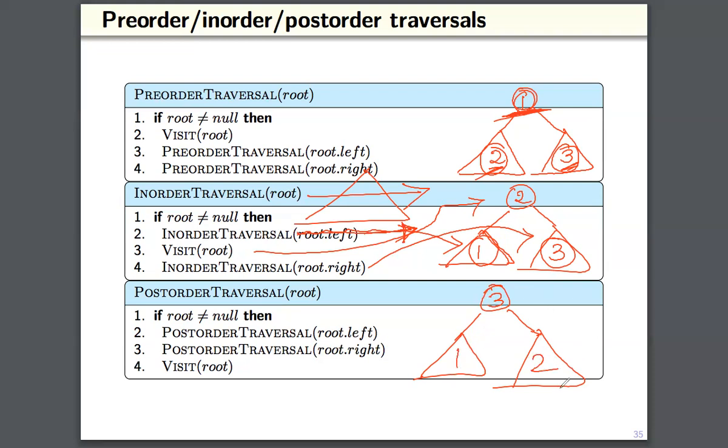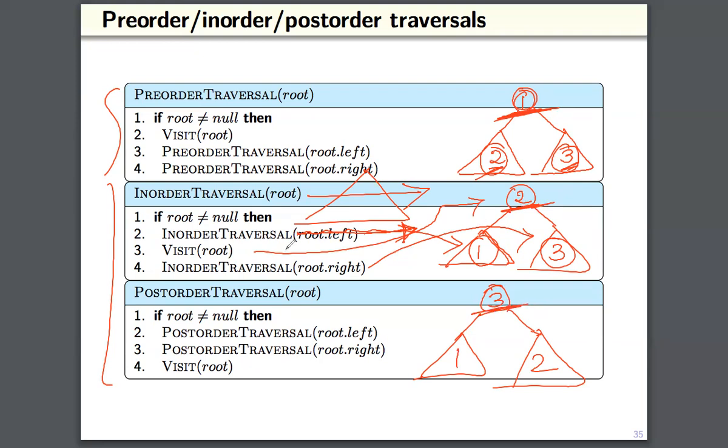We will see some examples and applications of these, but here we will first learn the logic. The difference between all these is where you visit the root: at first, last, or in between.